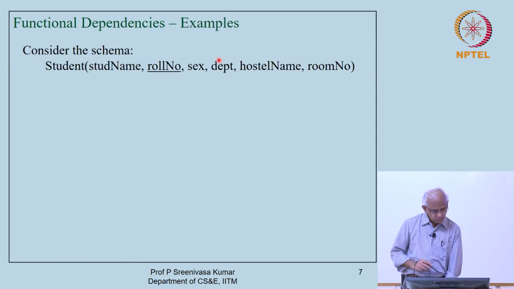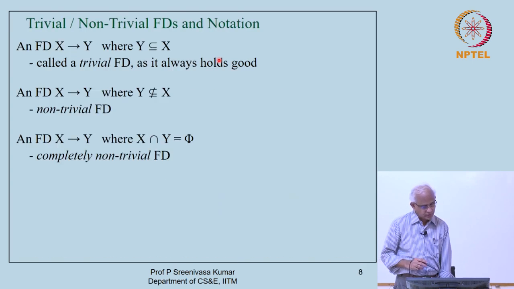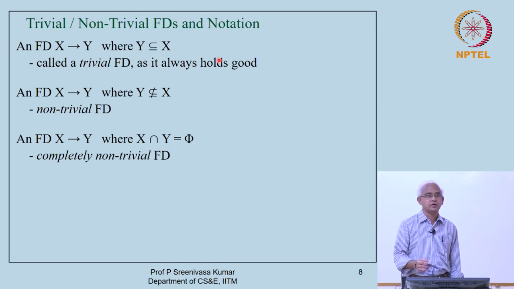Having said that, we looked at several examples, and in this class I am going to give a couple more examples, and then we will start looking at these functional dependencies in a little more abstract way, and then see what are its implications.